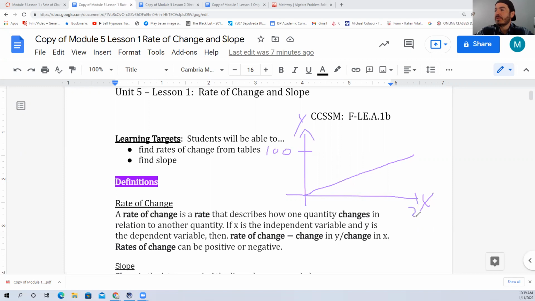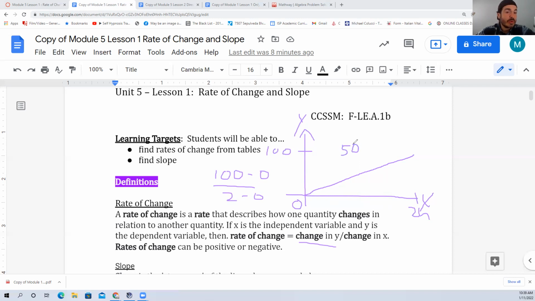Let's say this is 2 hours, and this is 0. Well, my rate of change is my change in y, the 100 miles minus 0 where I started, and my change in x is my 2 hours minus 0 where I started. I have 100 minus 0 is 100, 2 minus 0 is 2, which gives me 50. My rate of change is 50.